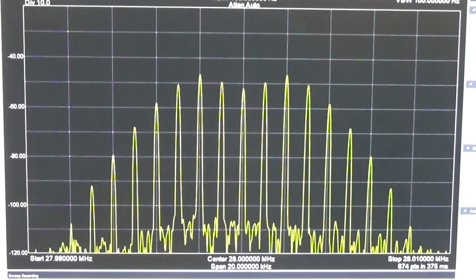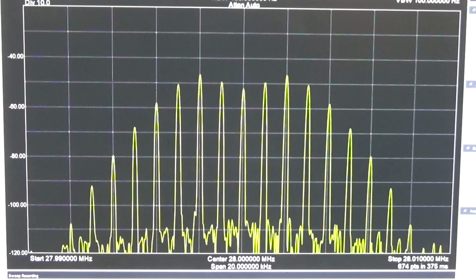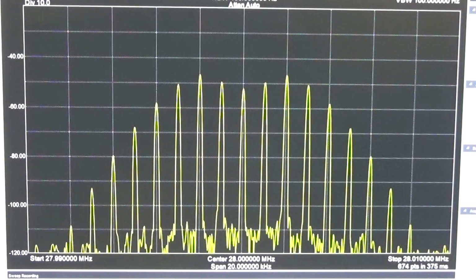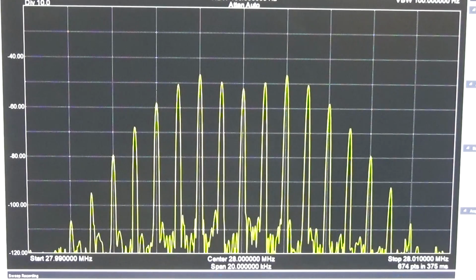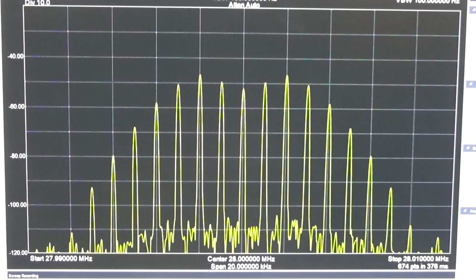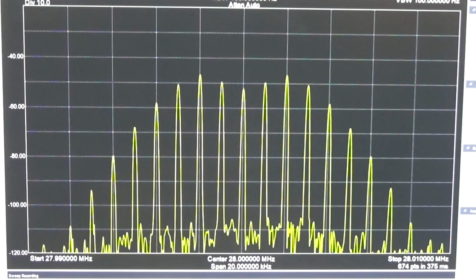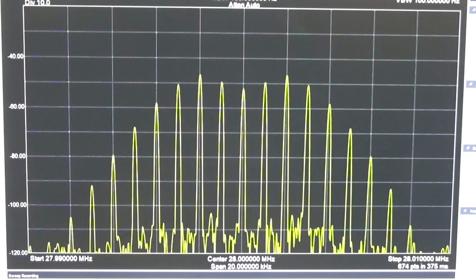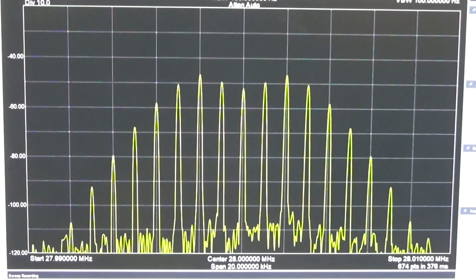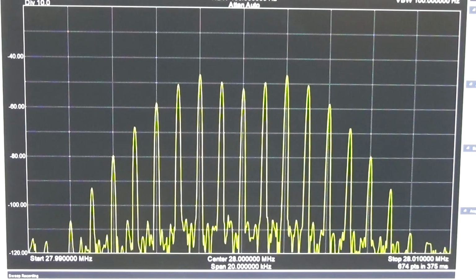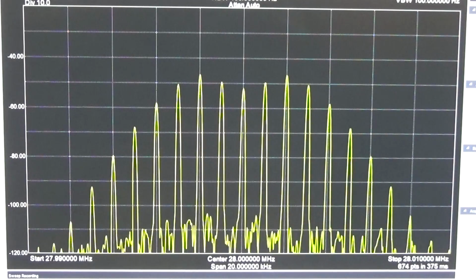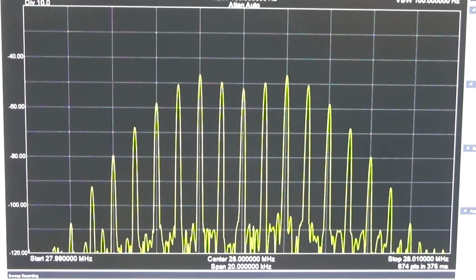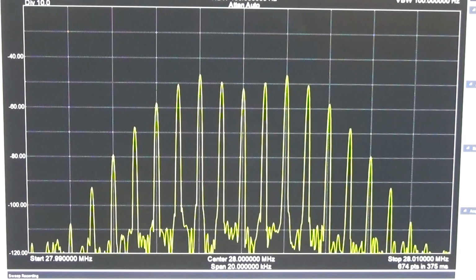Okay, and back to our spectrum analyzer screen. So we were able to see the audio frequency on our AM signal, because we simply needed to see the difference between the carrier and our first tone, up and down, so upper sideband and lower sideband, and we saw that it is only 1 kilohertz.